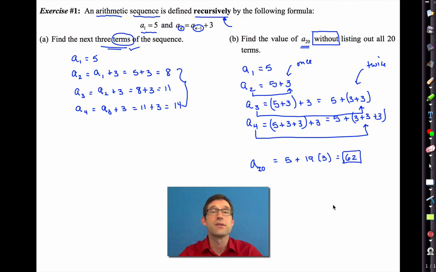It's very tricky because it's natural to say, the 20th term, sure, I'll take the first term and add twenty 3s to it. But that doesn't work. We always add one less than the term number because we don't add a 3 to get that first term. So that's an arithmetic sequence, but that's not what we're doing today.